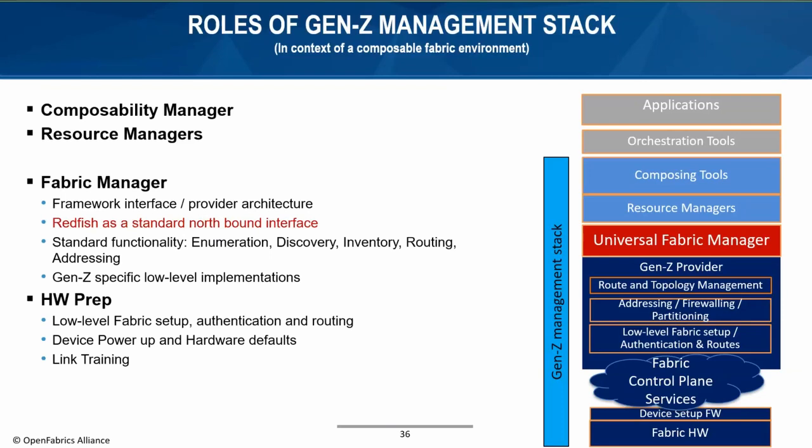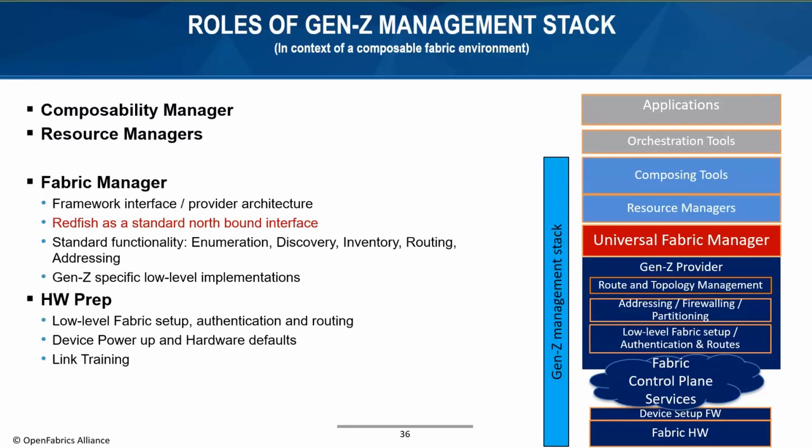So the Gen Z fabric management specification is focused on the fabric manager role and the services it provides. It's all architected around a Redfish northbound interface to converse with the higher level managers. And it's responsible for the typical fabric management actions such as discovery and enumeration, programming the actual route tables, configuring address mappers, and it communicates with other managers using Redfish objects whenever possible.